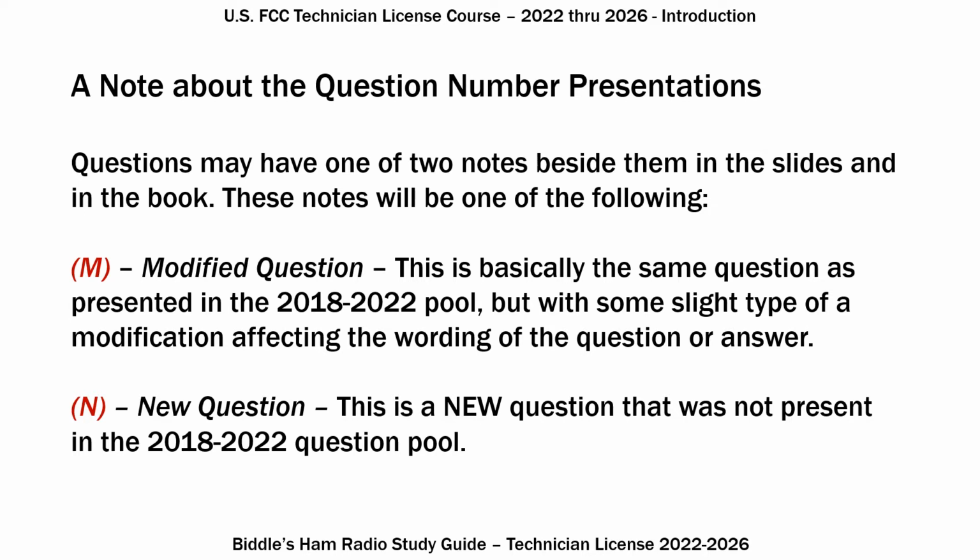Or this may be a new question that was not present in the 2018 through 2022 pool. If the question does not have either of those notes, then the question was also in the older 2018 through 2022 pool with no changes. Now we'll move on to the first question.